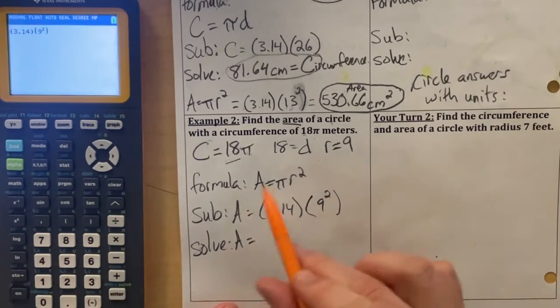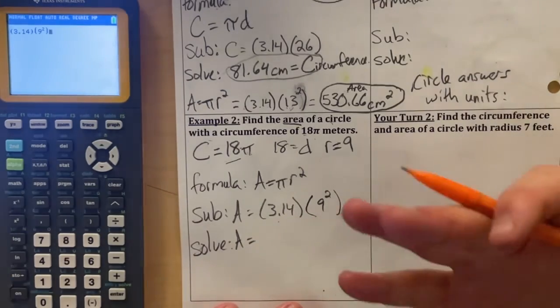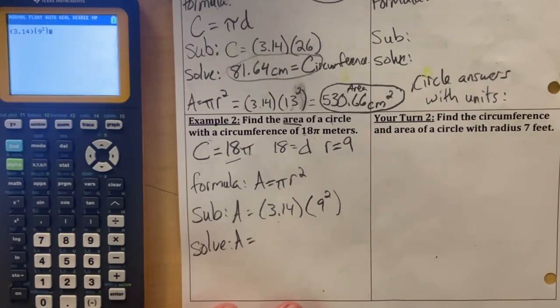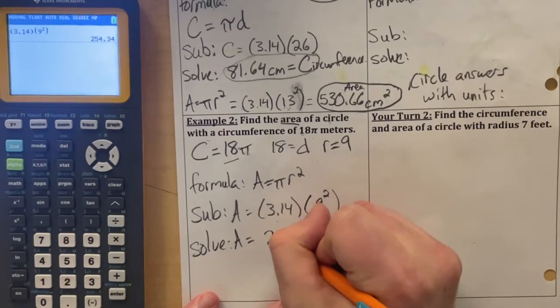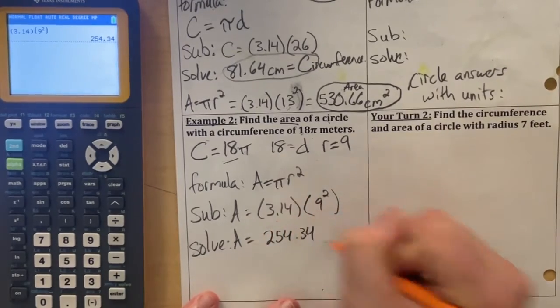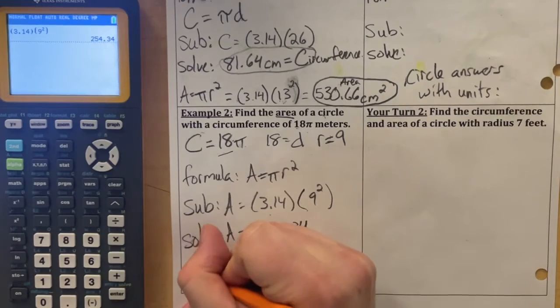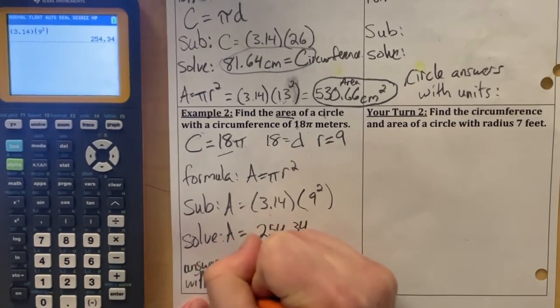Be very careful. A lot of people are going to kind of do shortcuts here and there. Be very careful. Take your time. Notice how I say out my steps as I'm reading them aloud. And I can say, all right, enter. And so I'm going to have 254.34. And what are we doing? We're saying, okay, answer with units.